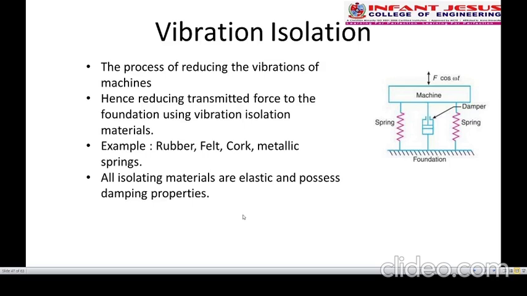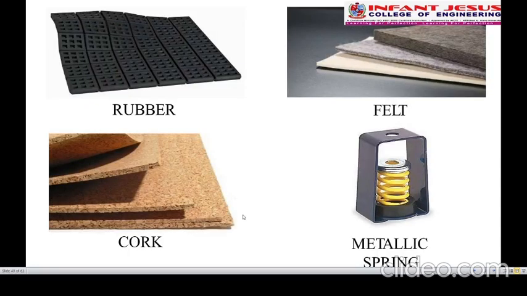Here we use different materials as vibration isolating materials. They are rubber, felt, cork and metallic springs. Here in the picture you can see this is a rubber, then this is a cork material, then this is the felt material, and this is a metallic spring.